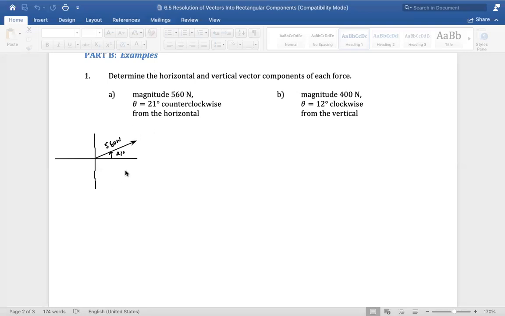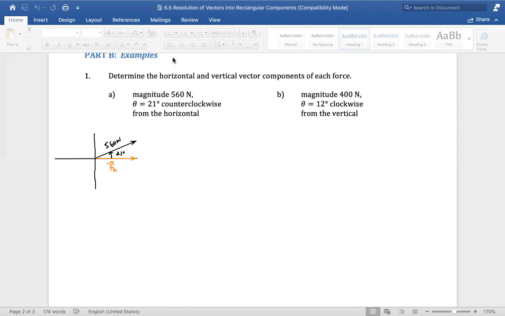We have our horizontal component of this vector, which would be from the origin out here. And we can label that as my horizontal portion of vector F.